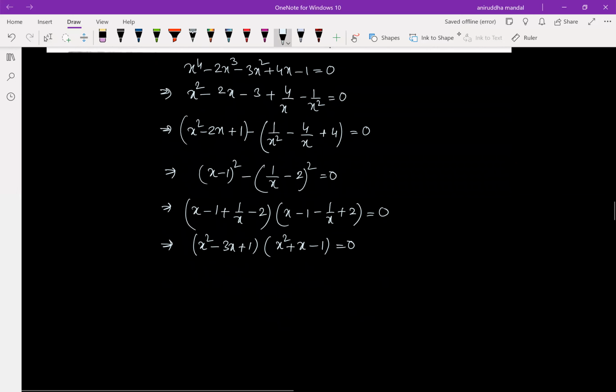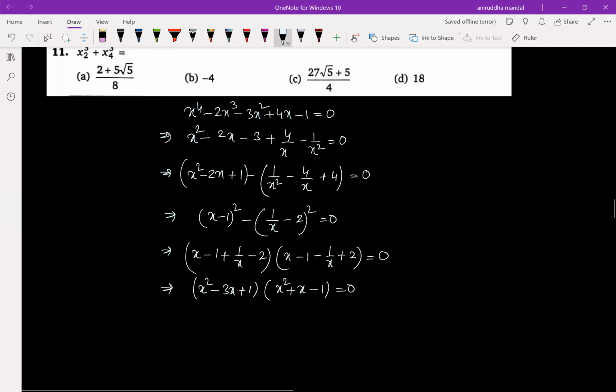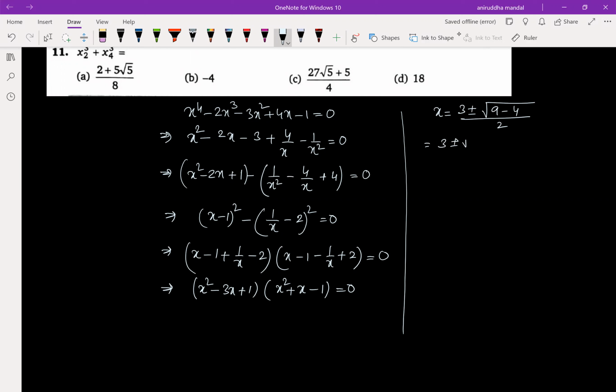Now we have to solve these individual quadratics, so we'll get x1, x2, x3, and x4. For the first equation, x is minus b plus or minus root b square minus 4ac by 2a, which means 3 plus or minus root 5 by 2.